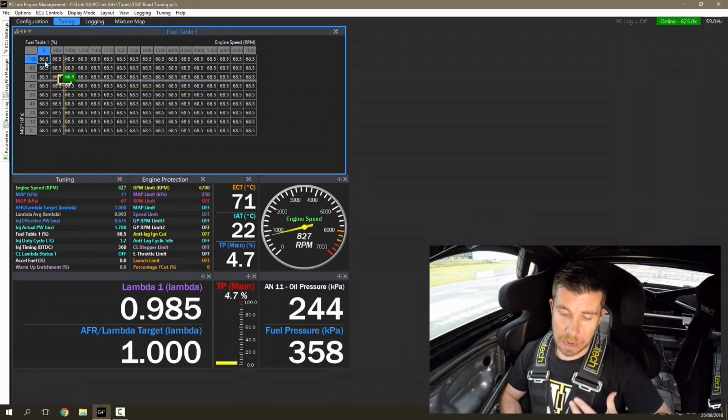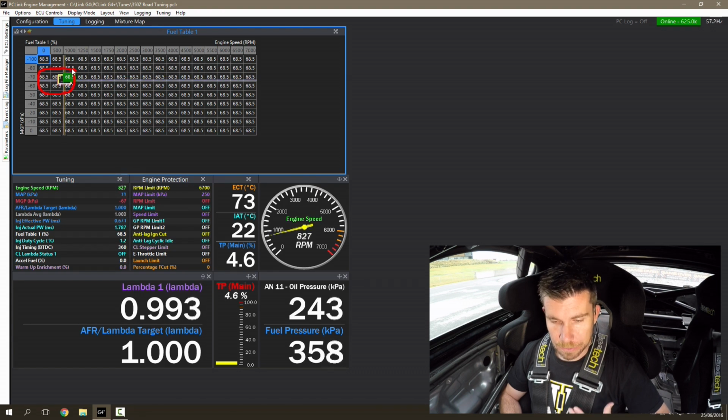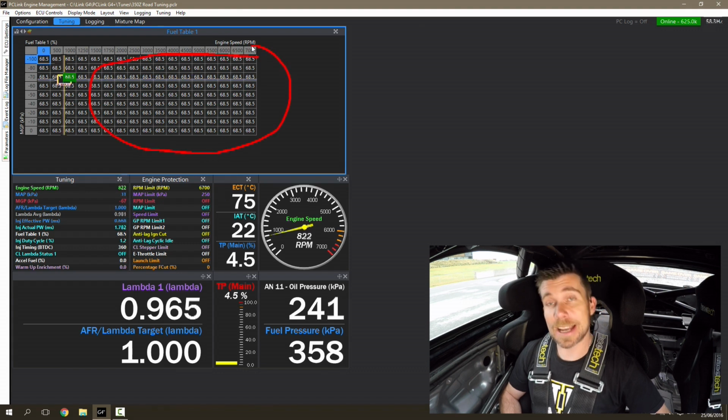So here we've got our main fuel table, and you can see that we've got our engine currently running, and it's sitting at around about 800 RPM, and we're sitting at around about minus 70 kPa. So this is the idle area. We can see by our measured lambda value here that we're pretty close at the moment to our target, but we can see, as I've discussed, that our fuel table is filled with exactly the same number right through the entire table.